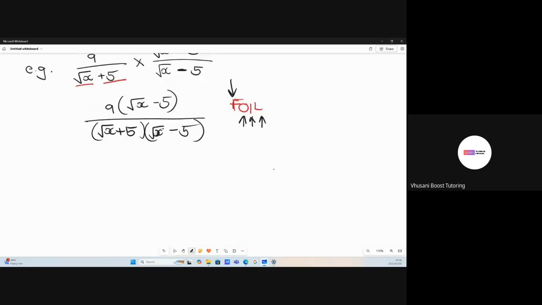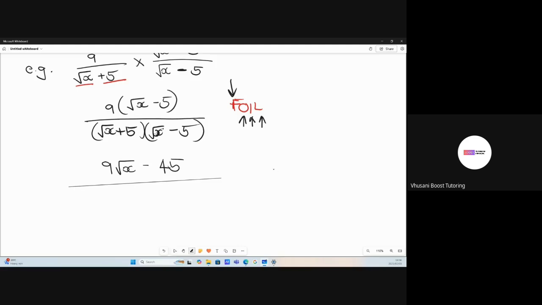We will start with the first two, right? So we'll have 9, and then I'm just going to multiply this 9 inside, so 9 root x minus 9 times 5 is 45. So this is what we have when we multiply the 9 inside.